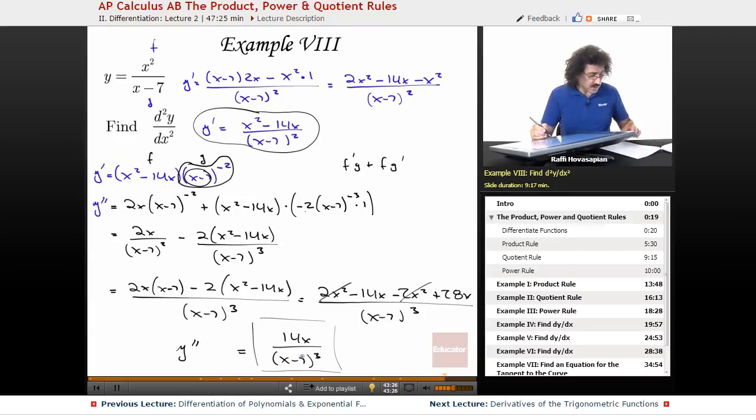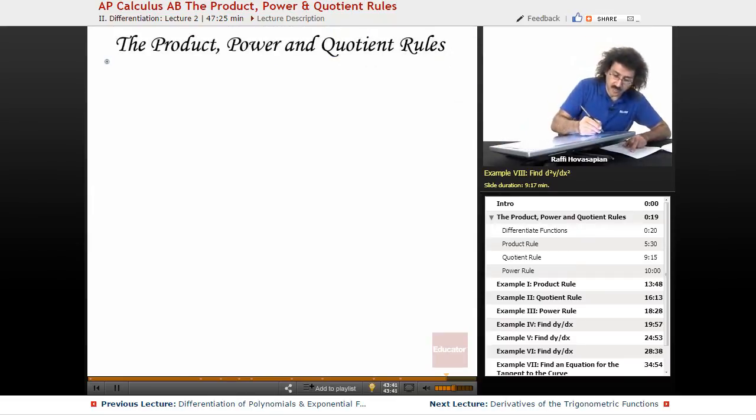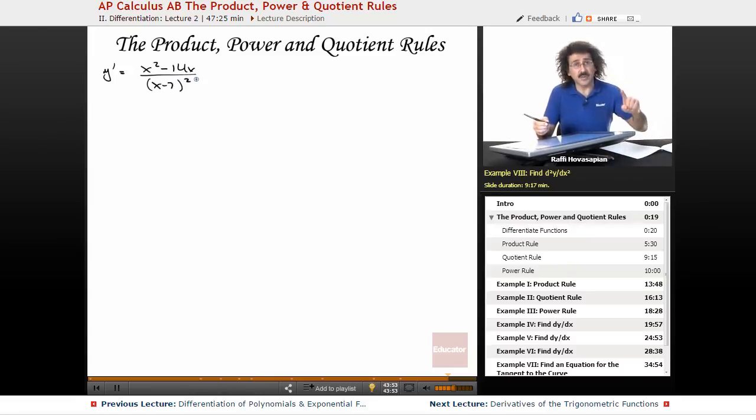Okay, now I'm going to do this again, but this time I'm going to use the quotient rule instead of the power rule, just for the sake of seeing another path. So let's go ahead and write y prime again. So y prime was equal to x squared minus 14x all over x minus 7 squared. Now I'm going to take the derivative of this.